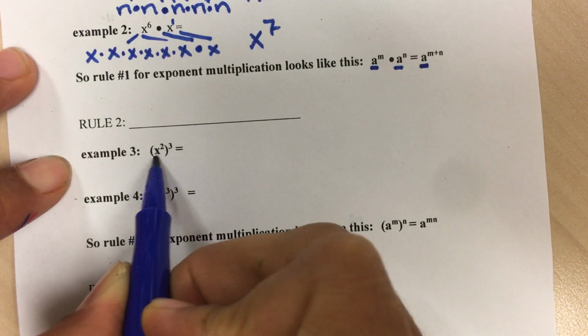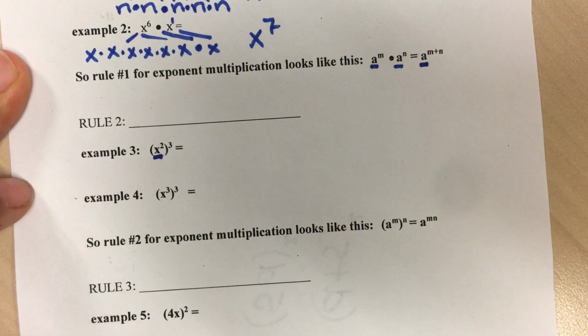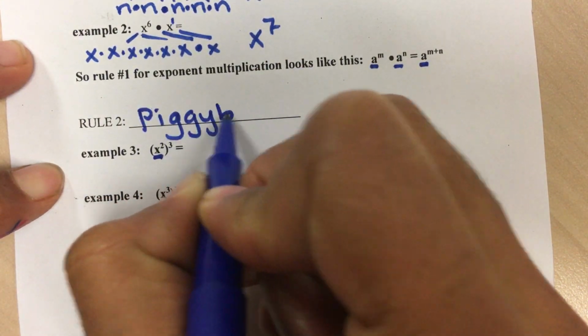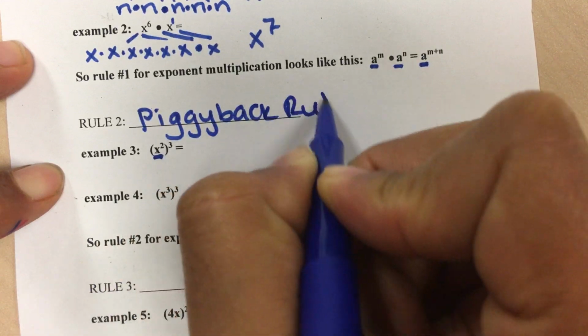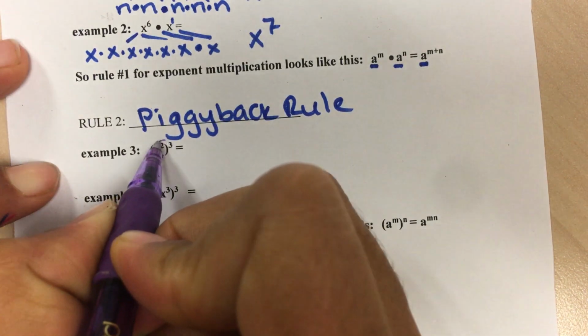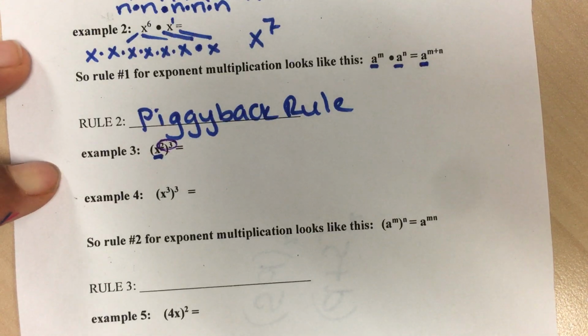This time I have 1 base and 2 exponents riding piggyback. That is why I call this the piggyback rule. And it's easy to see when you've got a piggyback situation because you'll be able to circle both exponents.